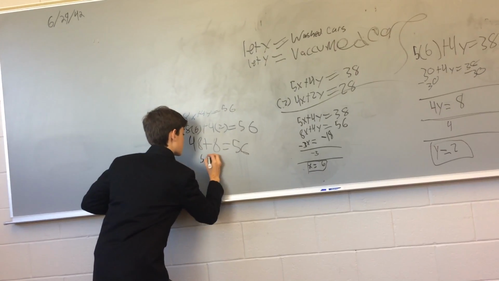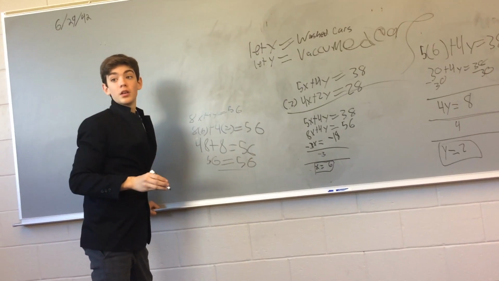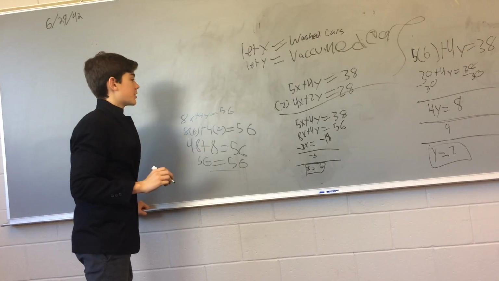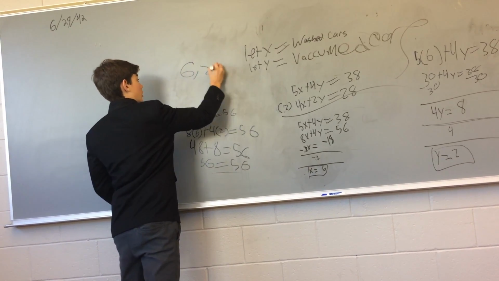There we go, 56 equals 56. Is that a true statement? Yes. Okay, the answer is correct, and our ordered pair is (6, 2).